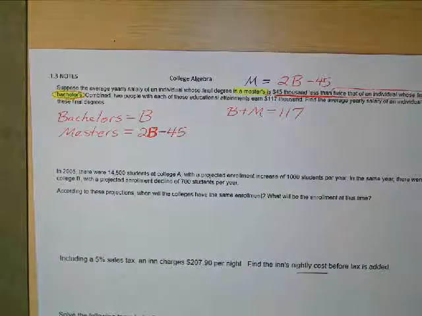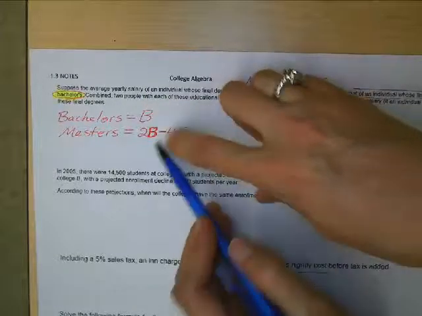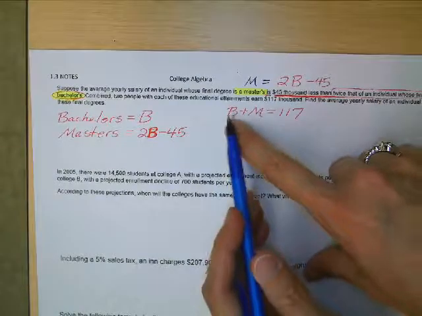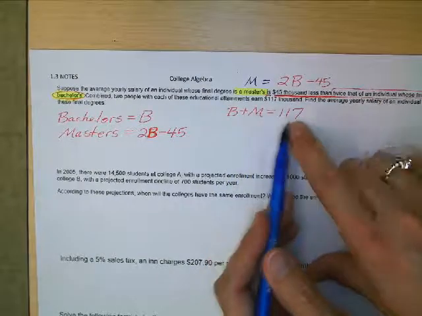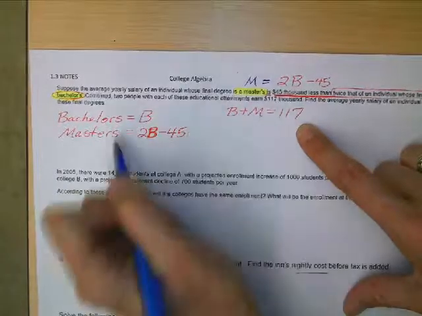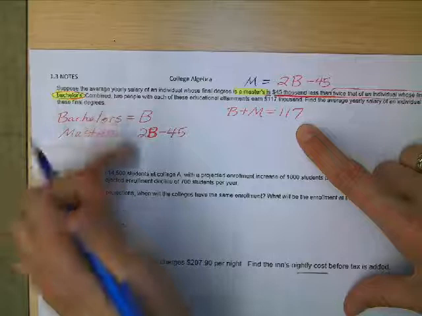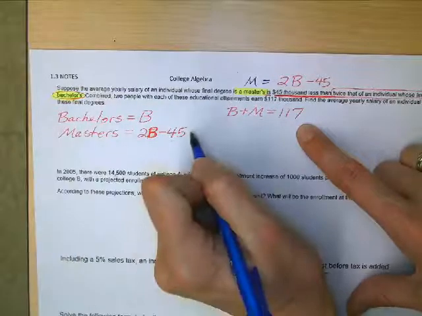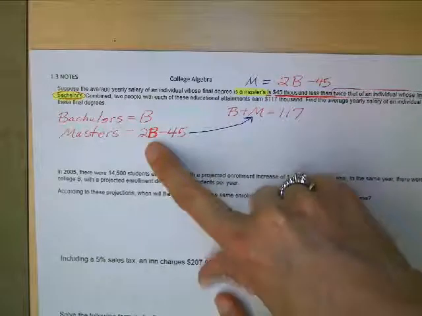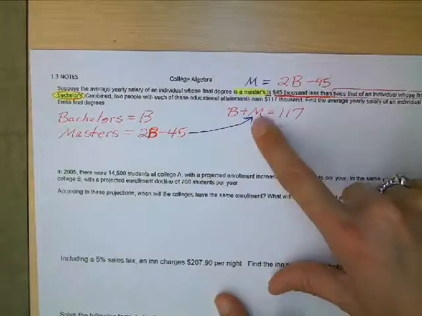So it's called a system of equations because we know a little equation for each person, and then we know together a bachelor's degree person and somebody with a master's make 117,000. So now you can use these definitions for bachelor's and master's. For that master's person, we know that was 2B minus 45, so you could plug that in.